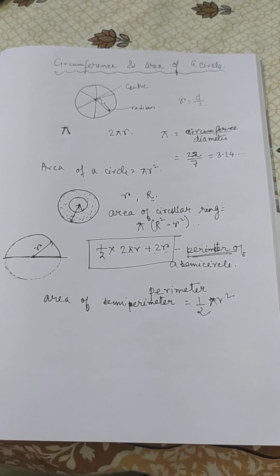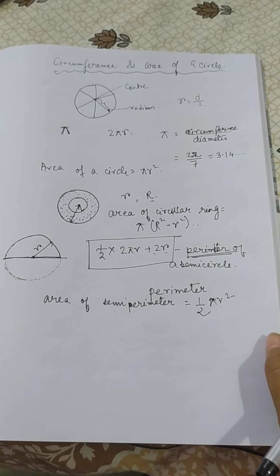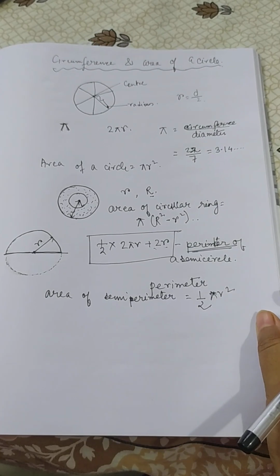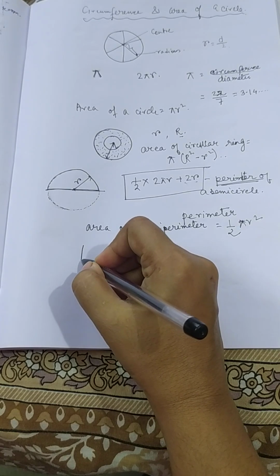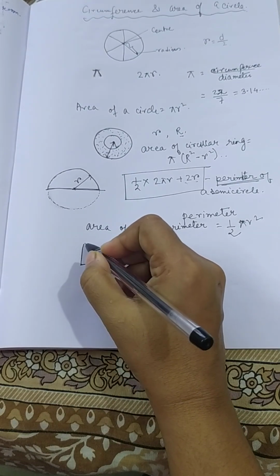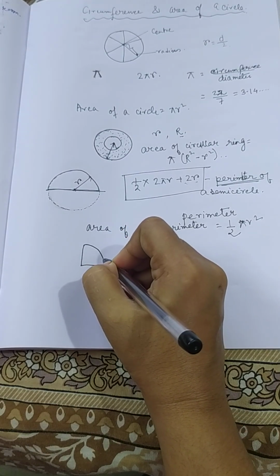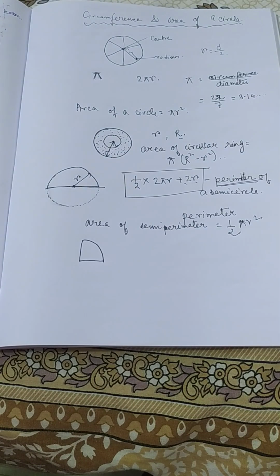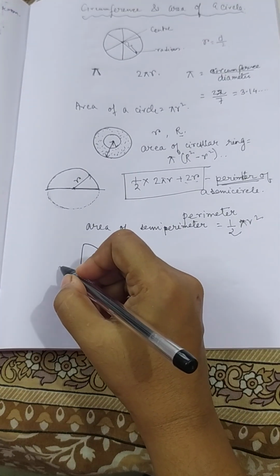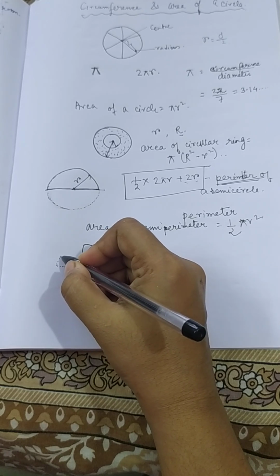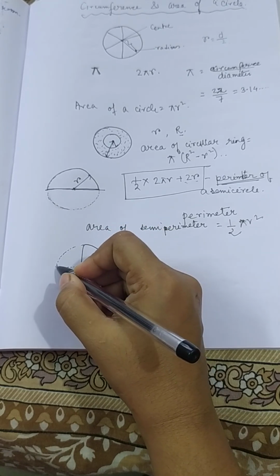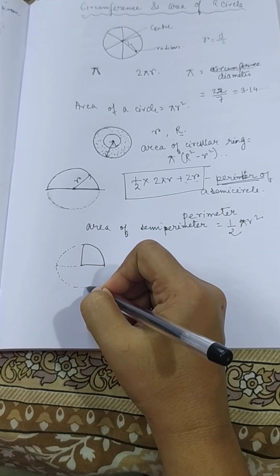Okay. Now what is a quadrant? Quadrant means 1/4, right? Quadrant means 1/4. That means if I give a whole look of a circle, it will be like this.